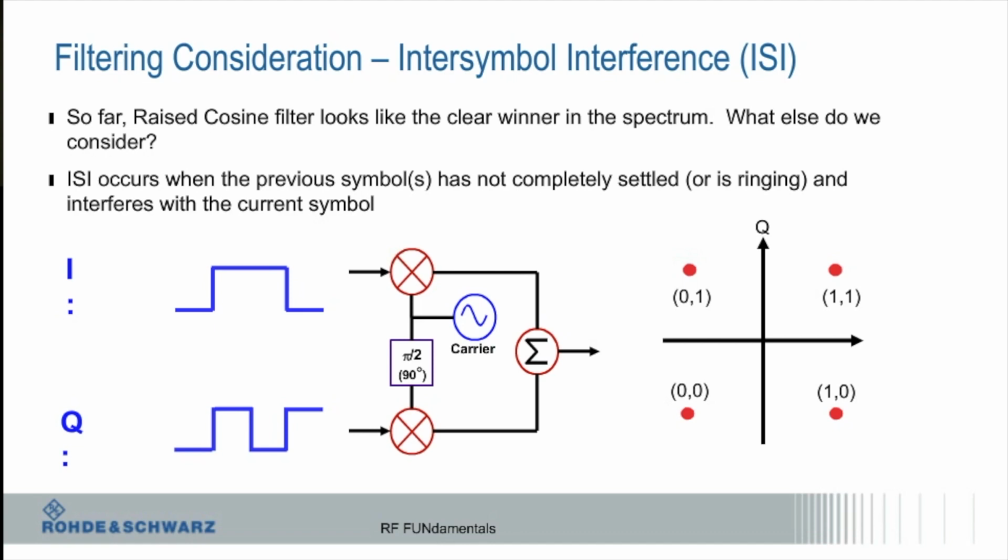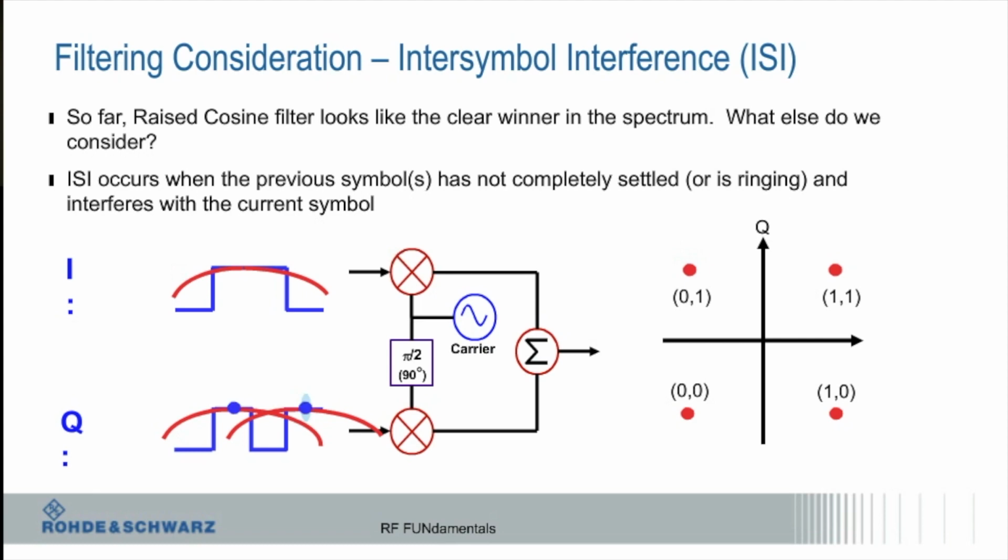So intersymbol interference occurs when the previous symbol hasn't completely settled. Okay? So you see here, in that case, these are smoothed. When I'm filtering it, I'm really smoothing out these edges. Right? So if this one isn't done and hasn't been able to settle to whatever the next thing is, it's going to smear into the next symbol.